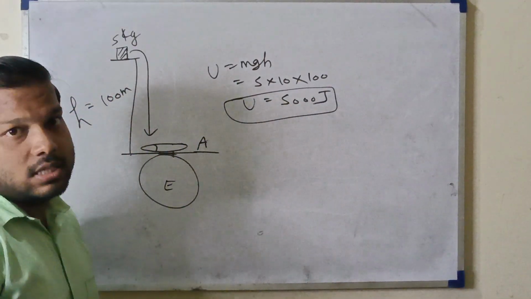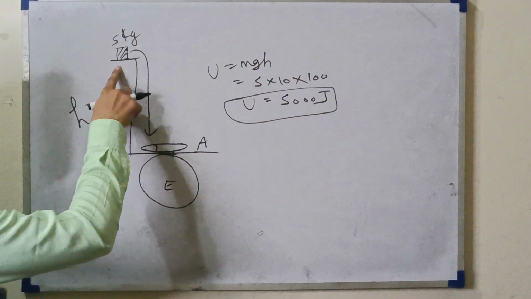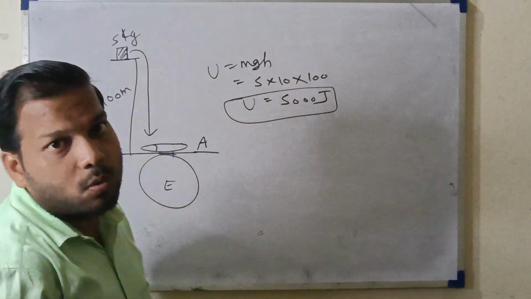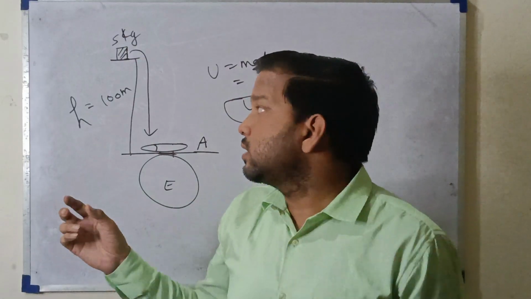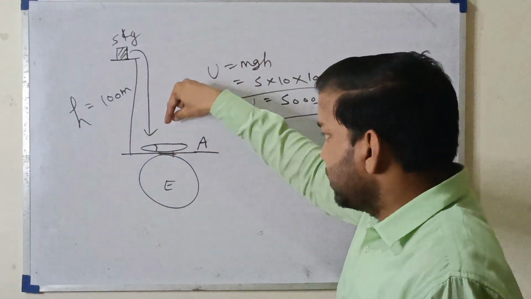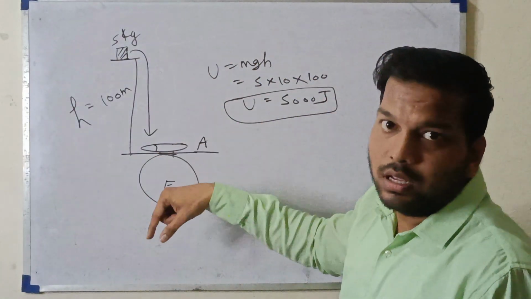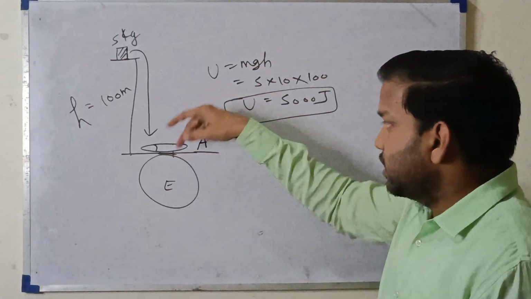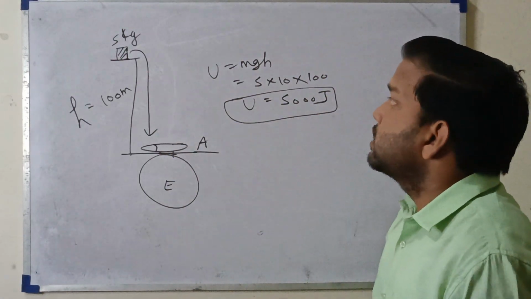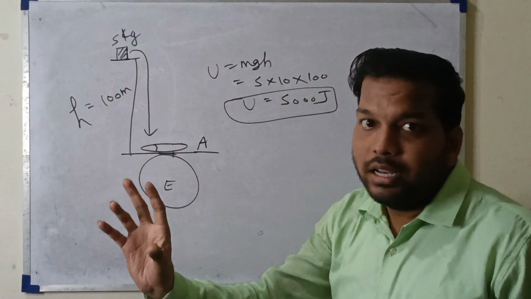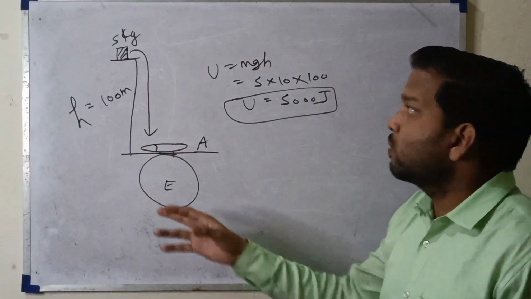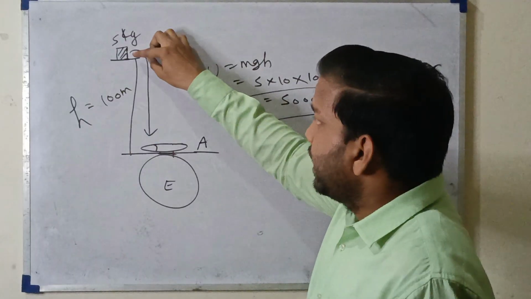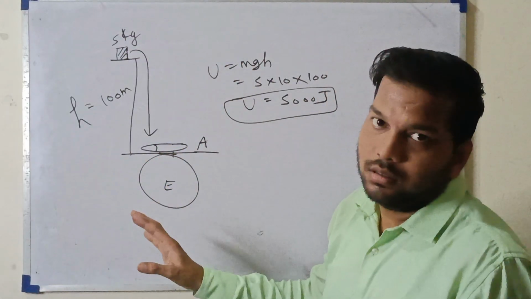Now you can see here this object has done work, because this object injured this person. It means this object at this position has the ability to do work.